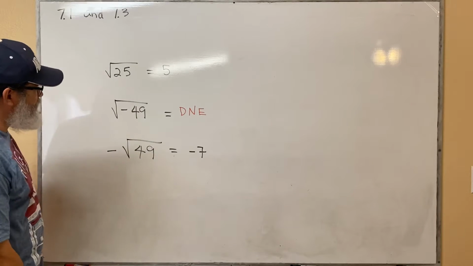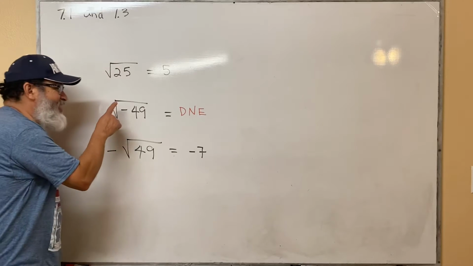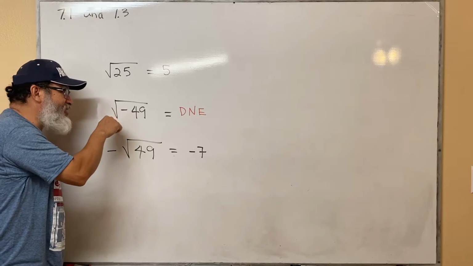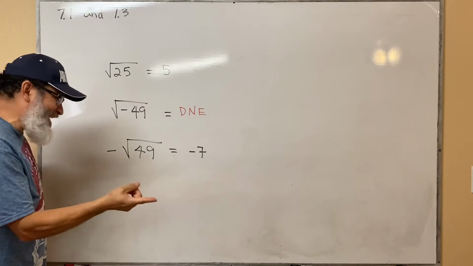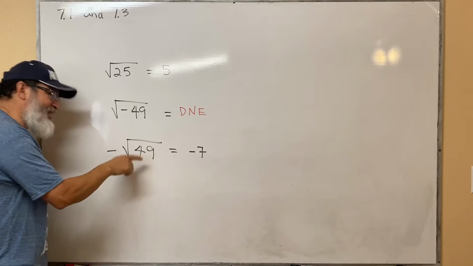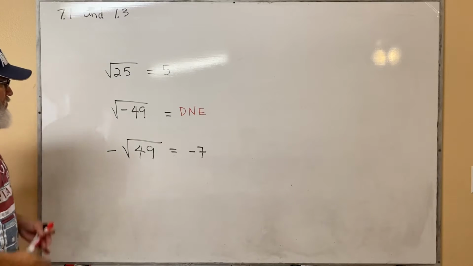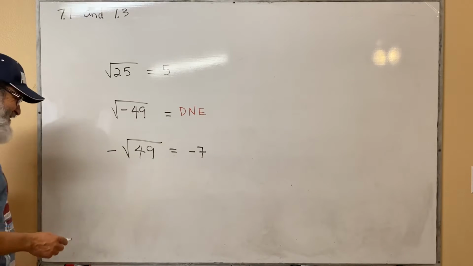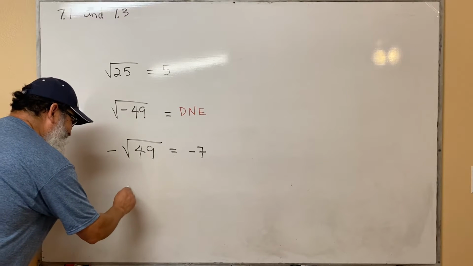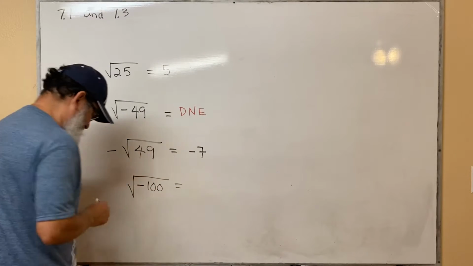Okay. All right. If the negative is under the square root, it does not exist. If the negative is outside the square root, it does exist. Yes, it does. So therefore, the square root of -100, what?